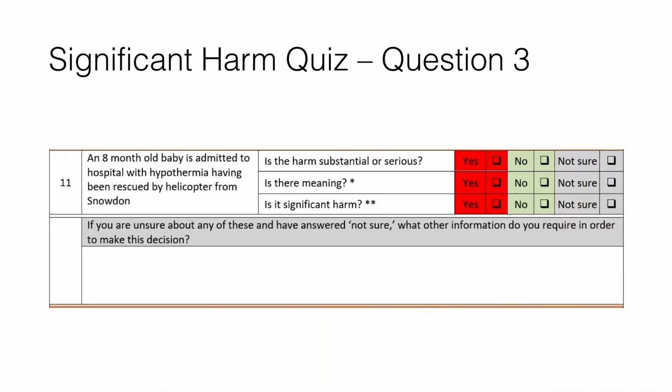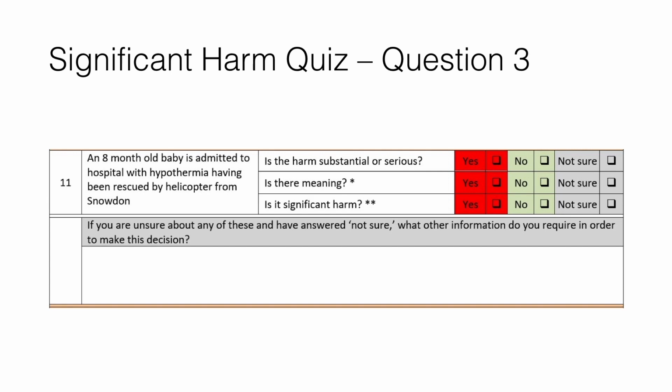8-month-old baby, carried in a baby carrier up Snowdon in February. Other walkers had tried to intervene on seeing the baby, telling parents the baby was cold. Parents continued with their climb. Mountain rescue had to be called in finally, and the child was rescued. What do you think? Is the harm substantial or serious? Is there meaning?